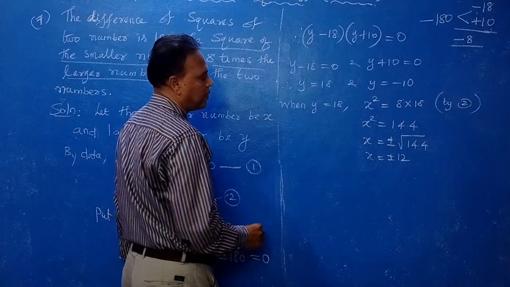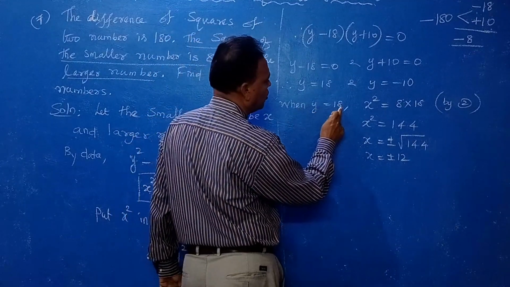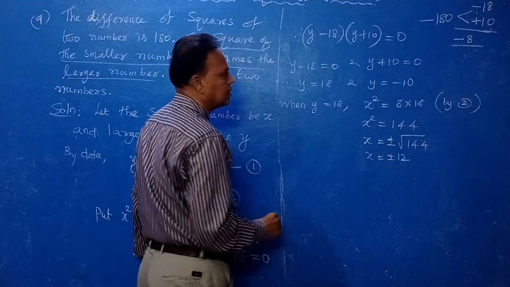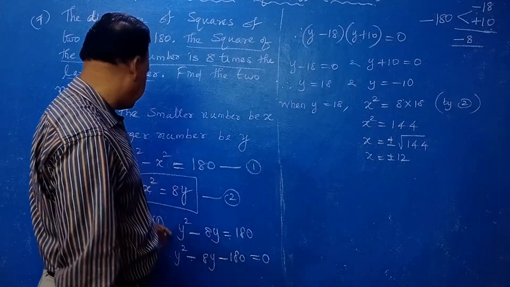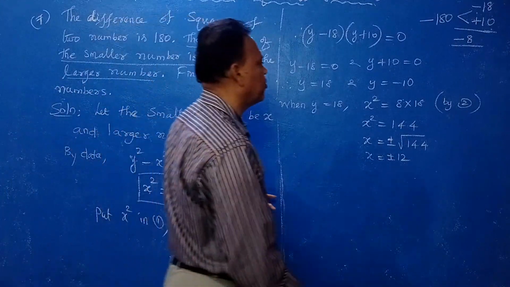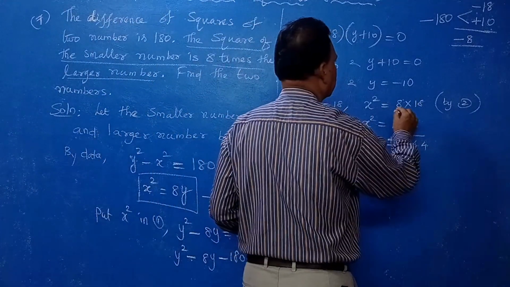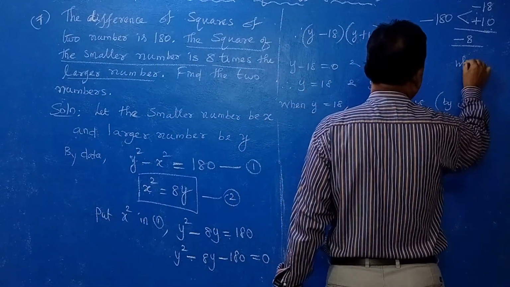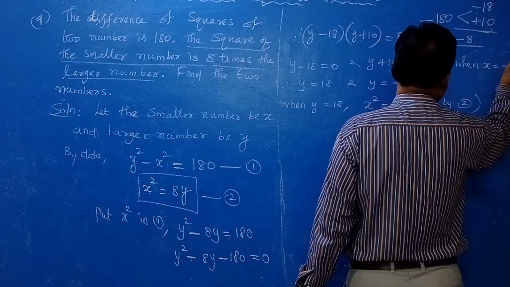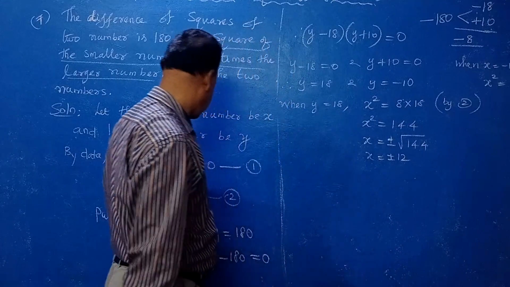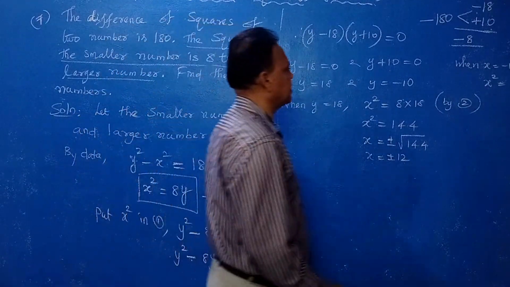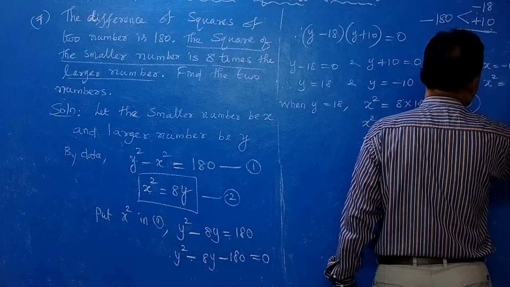So when y equal to 18, you are getting this one. Now y equal to minus 10. See, when you put minus 10 here, what will happen? In the upper equation, x squared is 8 into minus 10, that is minus 80.